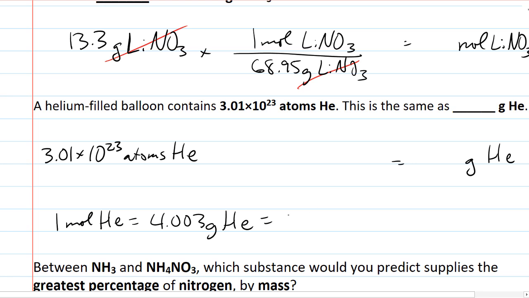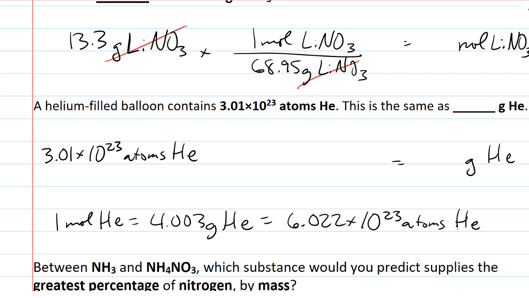And this amount contains how many atoms? 6.022 times 10 to the 23rd atoms of helium. So now that we have this relationship, this is our 3-way relationship here. We don't need all of these components, but we do need 2 of them. Which 2 do we need?